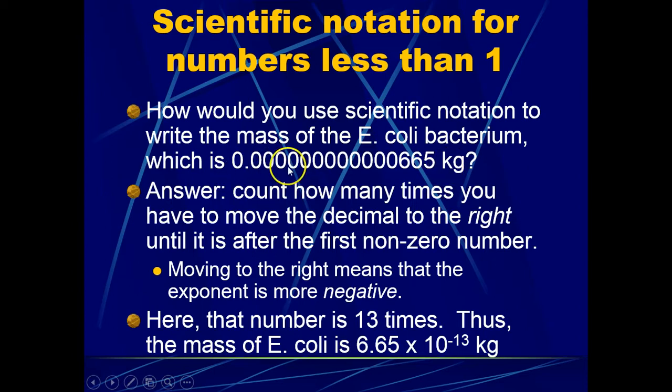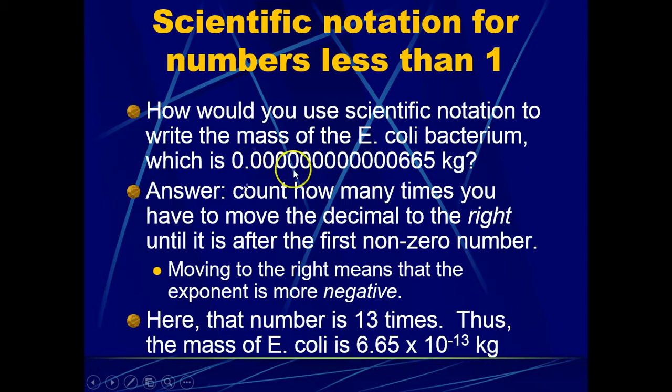Or 3 times over 10 to the third, 4 times over 10 to the fourth, and so on, until if you move the decimal place over to here, this number would be the same thing as the decimal place over here divided by 10 to the 13th, or times 10 to the minus 13th.